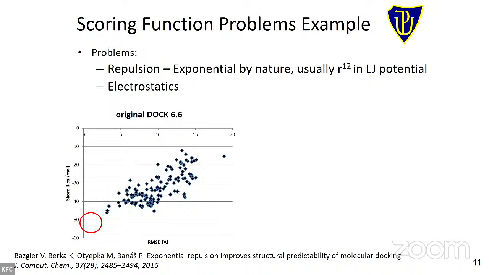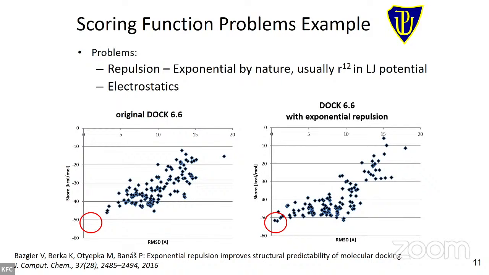But in docking, especially rigid docking, the protein is not moving at all. You get those grids, and therefore you can quite quickly reach the repulsive part. So in order to overcome that, we developed DOCK 6.6 with the exponential repulsion. This docking was slower, but only a tiny bit.